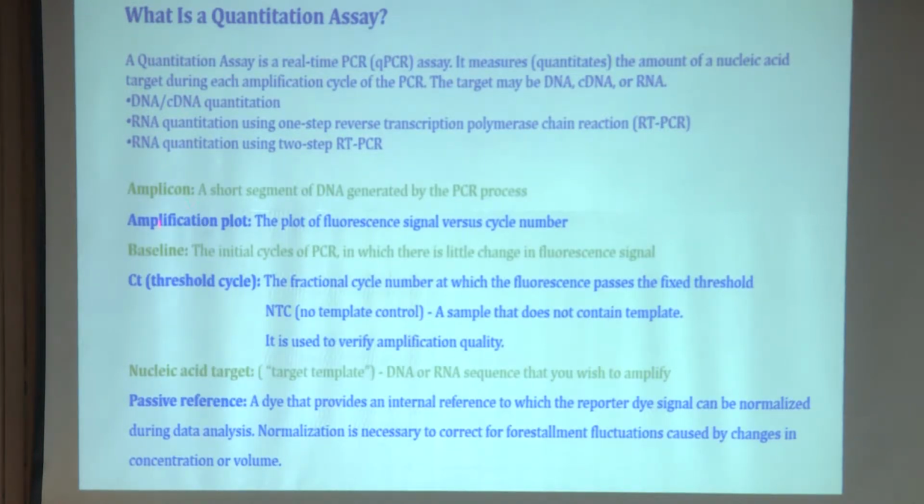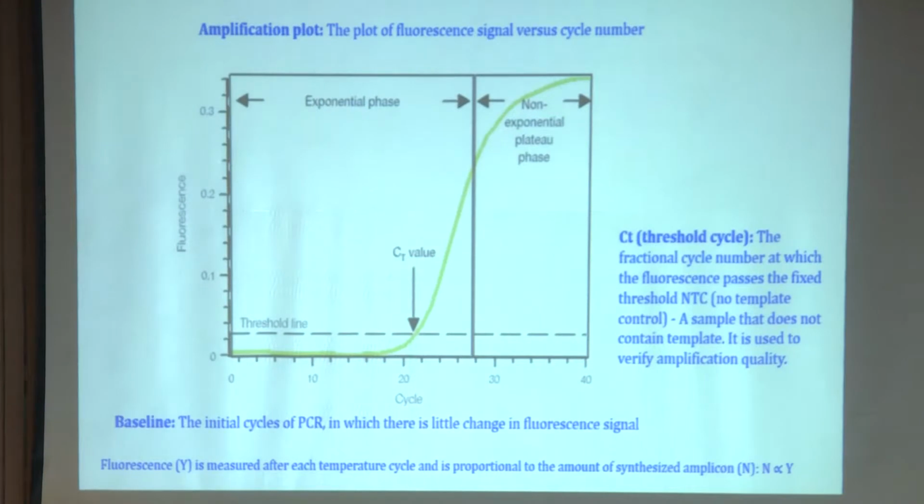And a couple of terms have been introduced, like I think I've seen it in your write-up also. You are given amplicon, amplification plot, baseline, and threshold cycle. Here I just want to take a minute to explain these things because you need to have an idea how we use this concept for quantification.